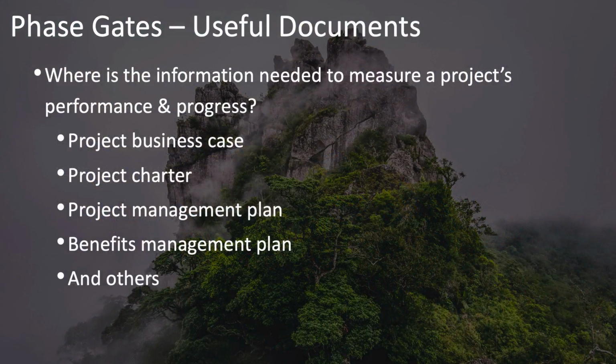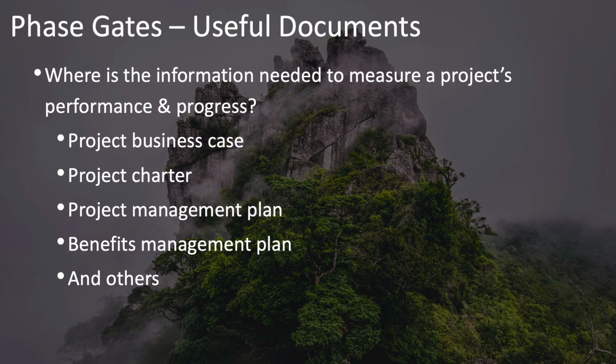In your phase gates, some of the documents that you should use to determine whether a project is going well or not include the project business case, the project charter, the project management plan, and the benefits management plan. The project management plan should specify when these phase gates should be held, who should be present, and the structure of the meetings and what should be reviewed.